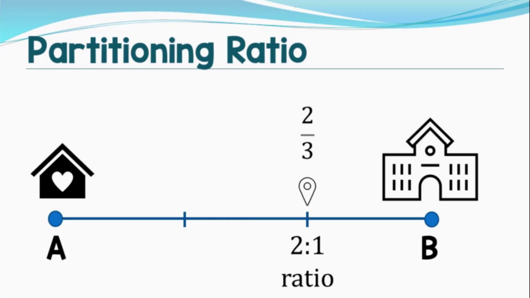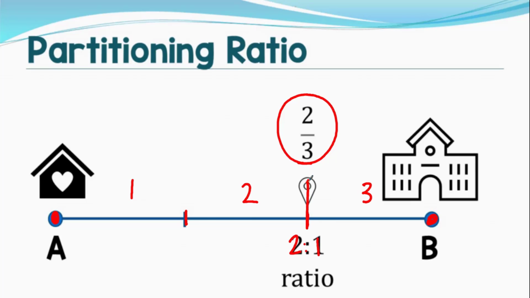All right, back to our class example, we're at home. We're going to meet up 2/3 of the way. Now we want to understand that 2/3 of the way can also be thought of as a 2-to-1 ratio. So this segment from our house to the school is broken into 3 parts: Part 1, Part 2, Part 3.